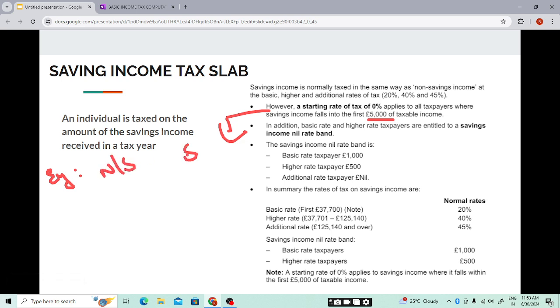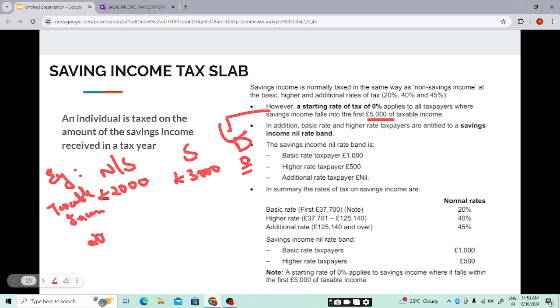Non-saving income, saving income and dividend income. Non-saving you have 2,000, saving you have 3,000, and dividend you have 0. This is taxable income, meaning you have already reduced your personal allowance. The non-saving income will be taxed at 20%, so that will be 400.